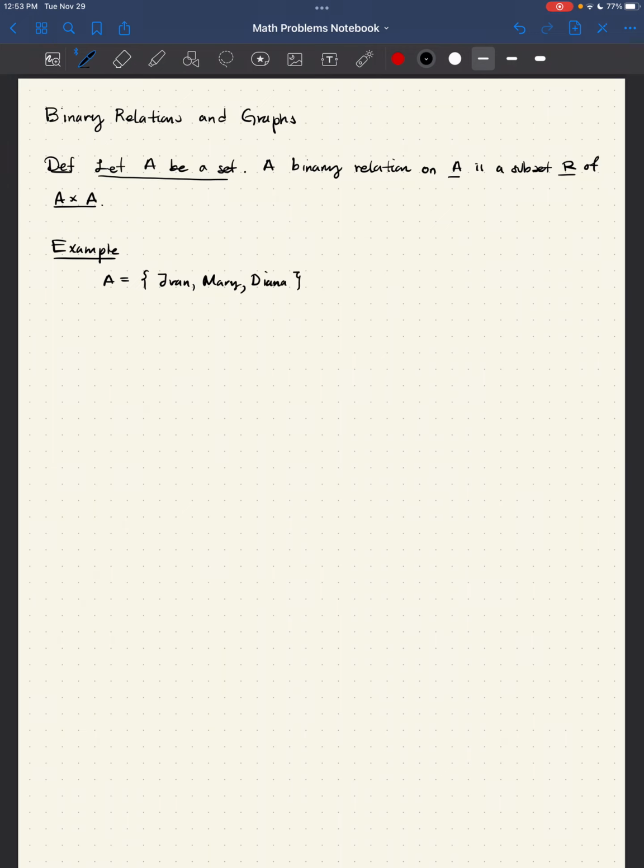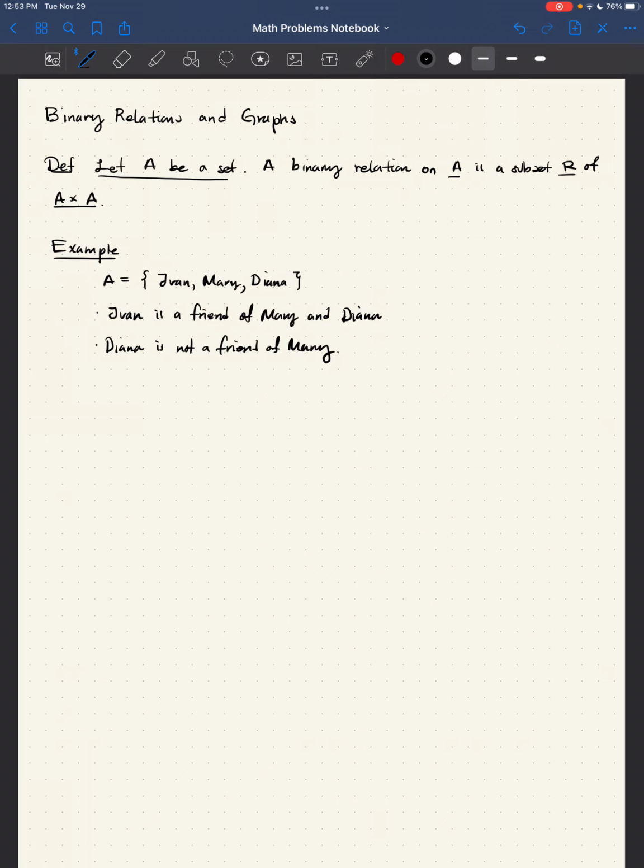And here we indicate, for example, that Juan is a friend of Mary and Diana. But also we indicate that Diana is not a friend of Mary. And what happens in this situation?